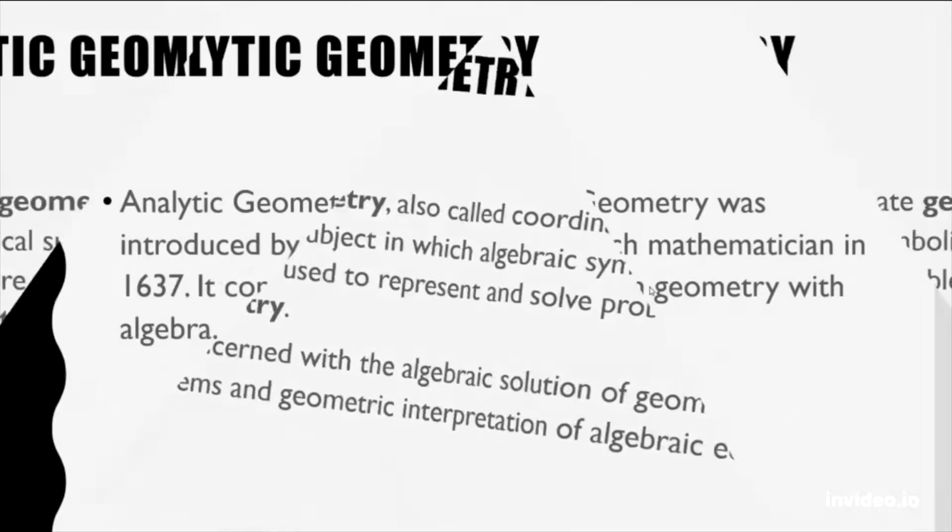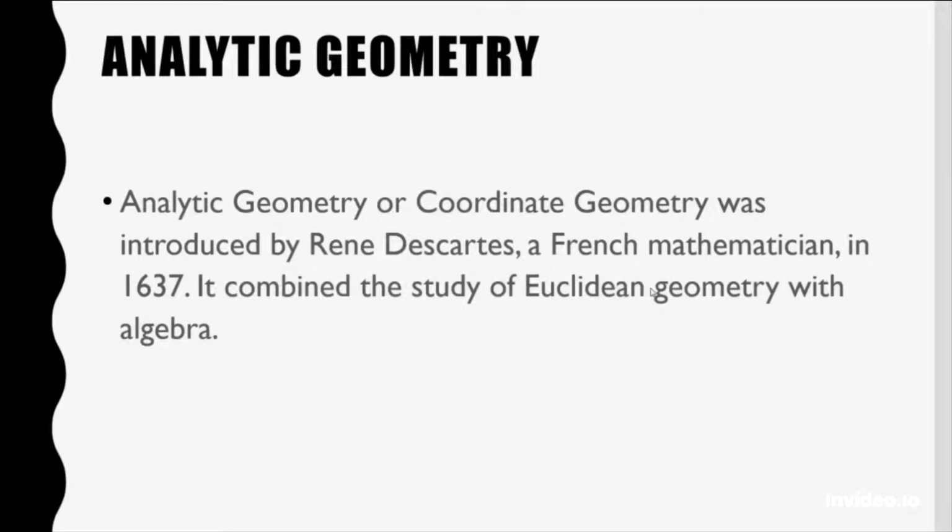Now let us continue. Analytic geometry or coordinate geometry was introduced by René Descartes, a French mathematician, in 1637. I think most of us know who René Descartes is. He is the famous mathematician behind the invention of the Cartesian coordinate plane. He invented it in 1637, and from that point, the study of analytic geometry started to develop.